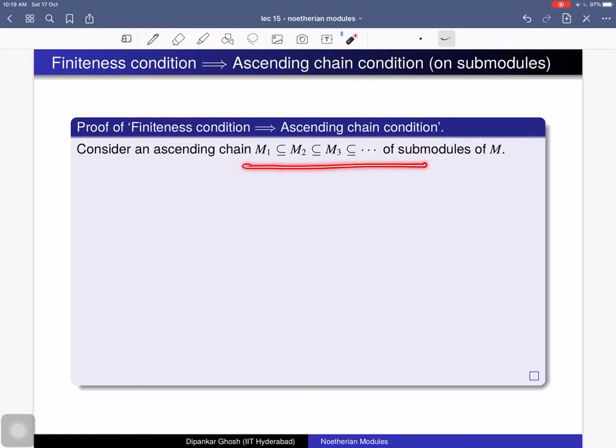Considering this ascending chain, we can have a submodule N, the union of Mi, i greater than or equal to 1. In general, the union of two submodules need not be a submodule, but if there is a containment relation like this, then one can prove that the union is also a submodule of M.